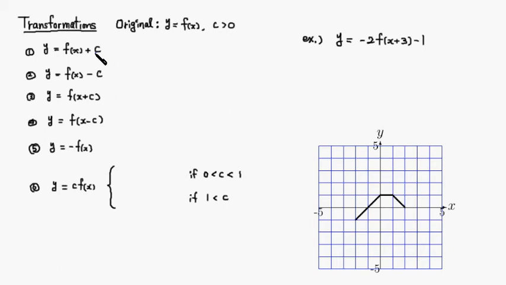Originally its y value is f of x, and you're basically increasing the y value by the positive number c, which means the graph is going to move up by c units. So this is a shift up by c units.